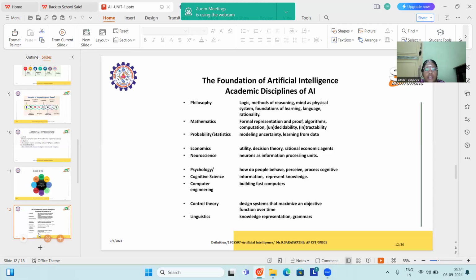Computer engineering: building fast computers. Control theory: we have to design the system that maximizes an objective function over time. Linguistics: to produce the knowledge representation and grammar. These are the many different areas that founded artificial intelligence.